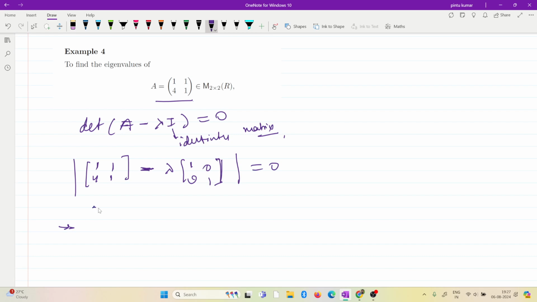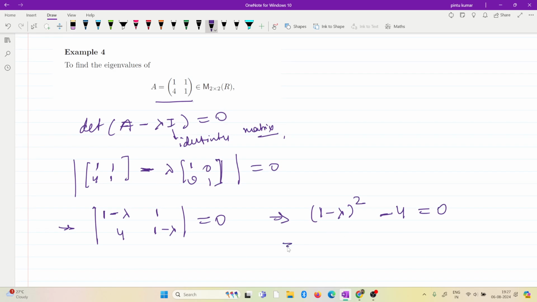This implies the determinant of [1 minus lambda, 1; 4, 1 minus lambda] is equal to 0. This again implies (1 minus lambda) square minus 4 is equal to 0. You can solve this now: lambda square plus 1 minus 2 lambda minus 4 is equal to 0.